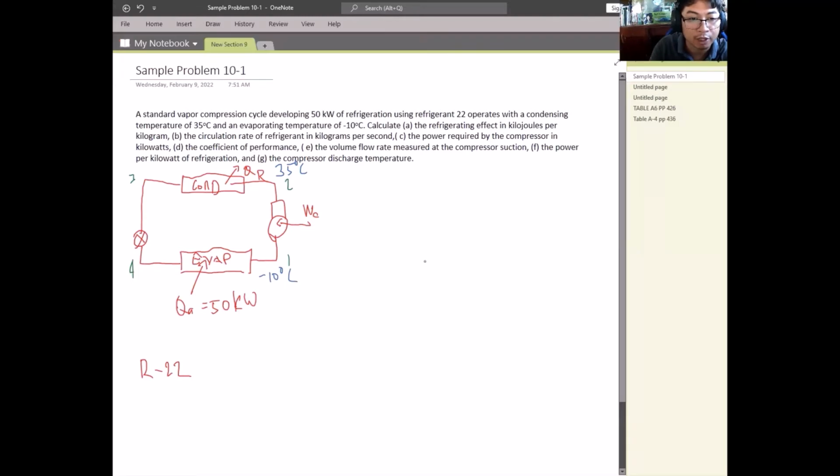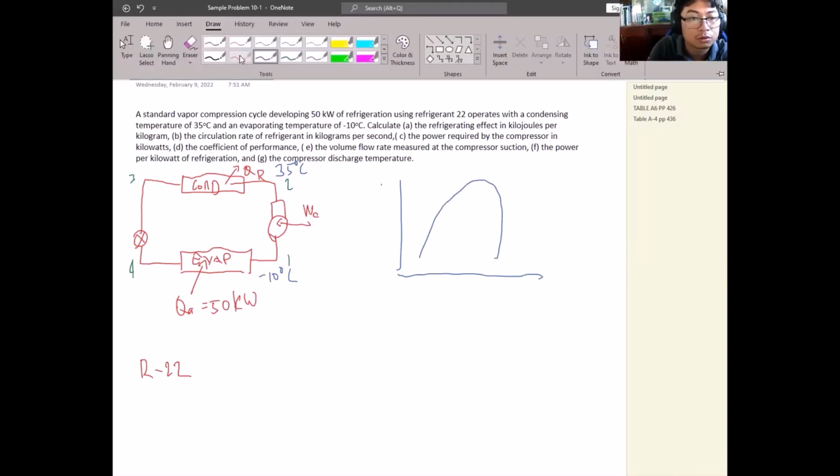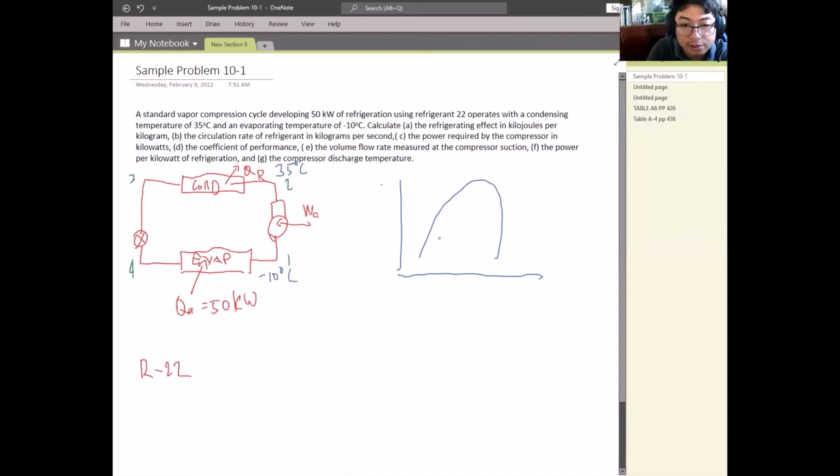And for the pH diagram, this is our evaporator from 4 to 1, constant pressure.